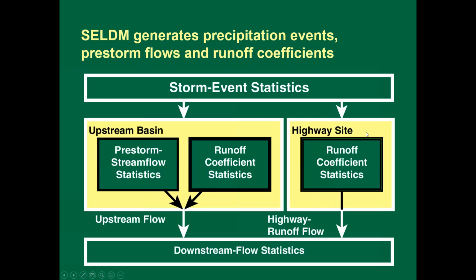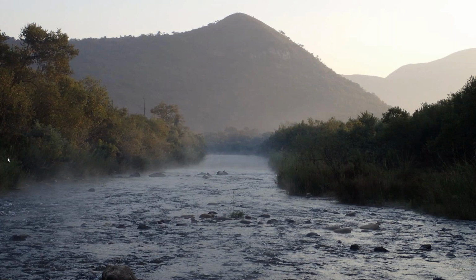When I designed this graph, I probably should have put the highway on the left and the upstream basin on the right. I was thinking spatially from upstream to downstream.